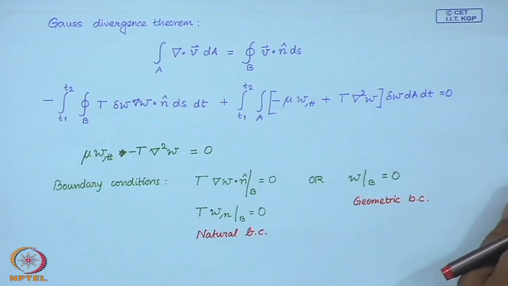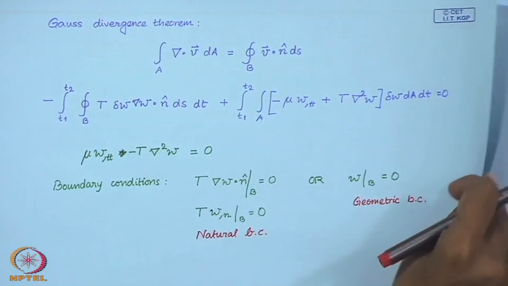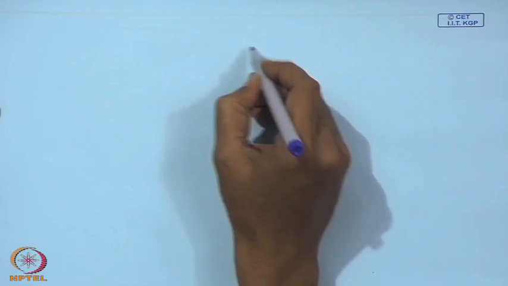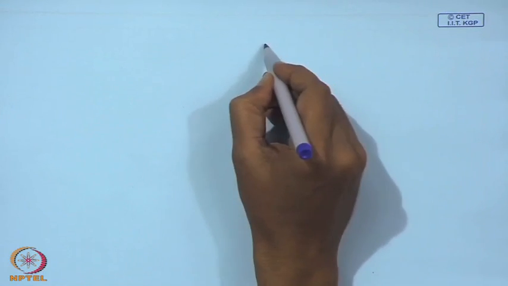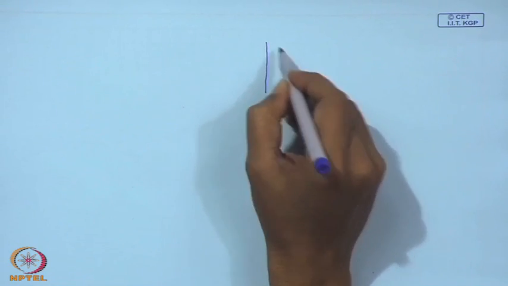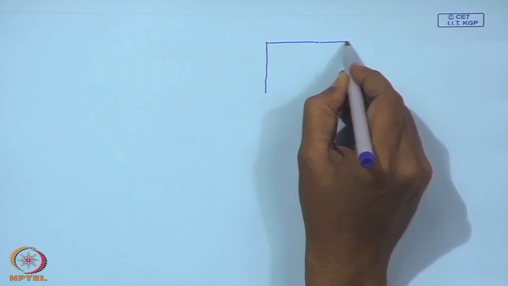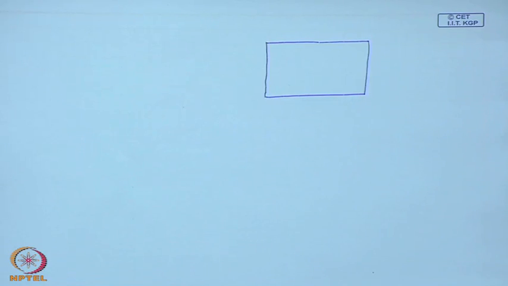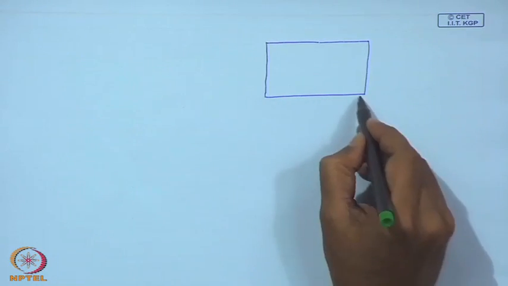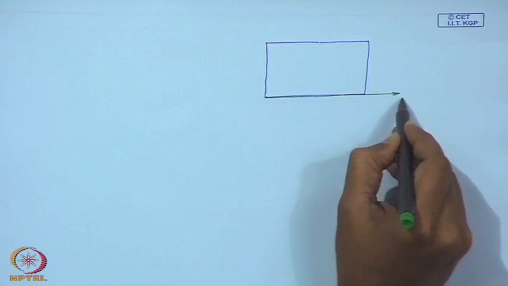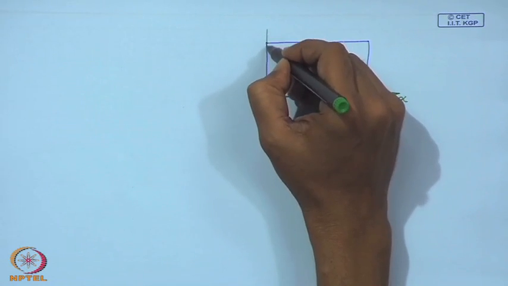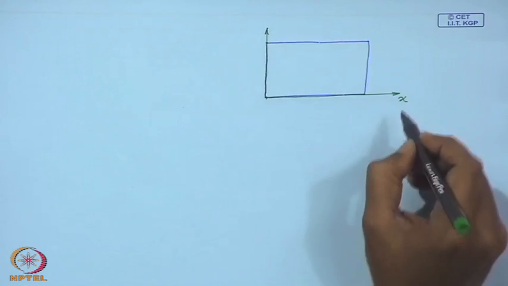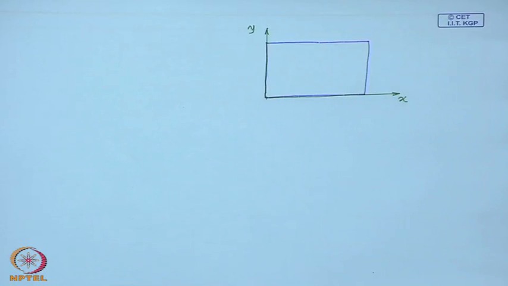Now, let us consider this example. So, if you have, for example, a rectangular membrane.